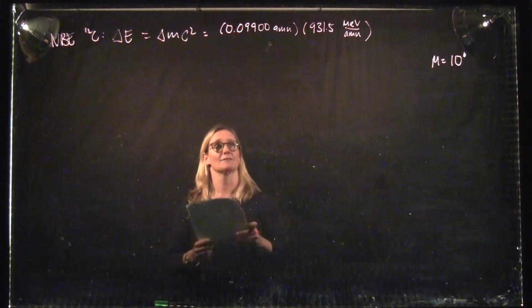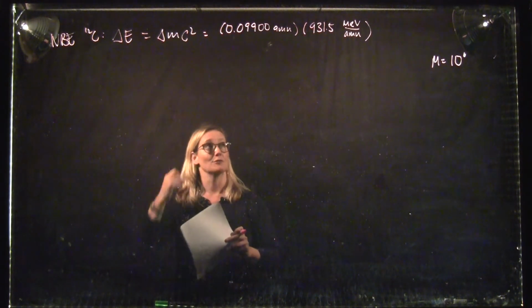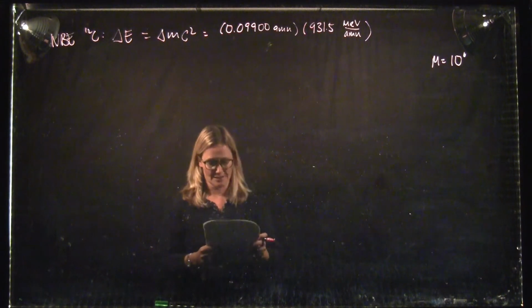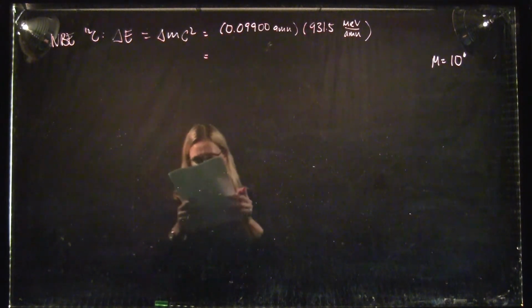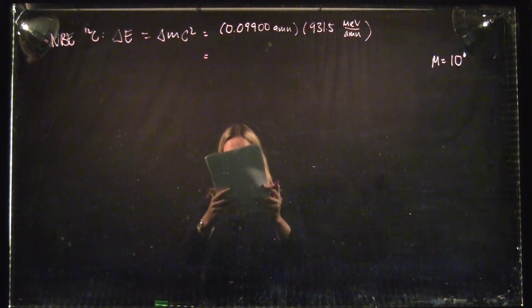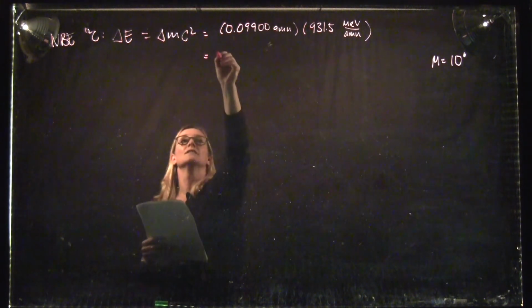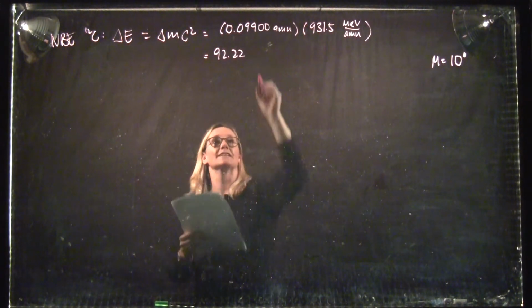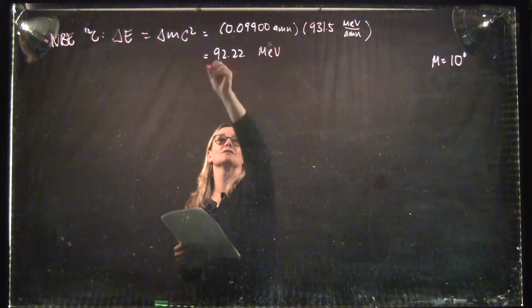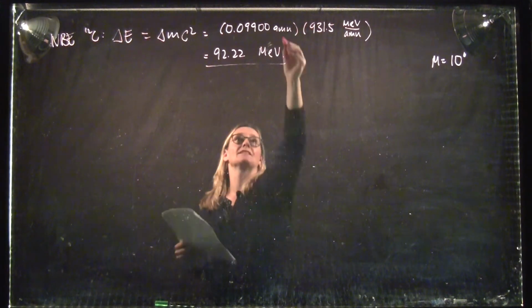And so the fact that our preferred new units for C squared involve mega electron volts tells us the kinds of energies we're talking about here. And when I work this out, we get an energy for this nuclear binding energy for this nuclide of 92.2 mega electron volts, because my AMUs cancel out.